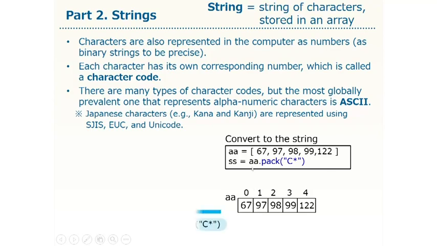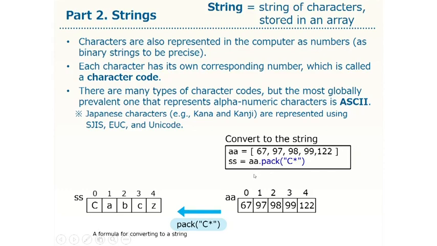Then, by the next line, the sequence of numbers in the array AA is transformed to a sequence of corresponding characters, and then it is stored into the array SS. In this example, CabcZ is obtained and stored into the array SS. Here, the name of the array followed by .pack("C*") is a command to transform each number in the array to the corresponding character. Again, please consider it as a set expression.